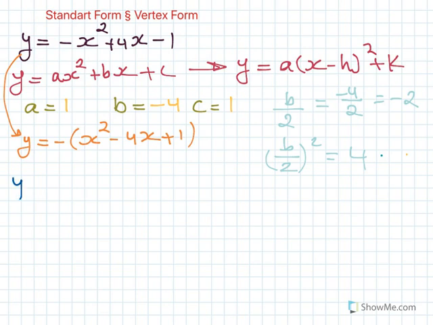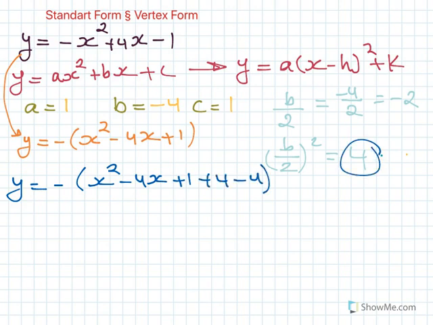So it's going to be y equals negative, x squared minus 4x plus 1, and then I'm going to add and subtract that value I got before. It's going to be +4 minus 4, and when you add +4 and -4 to the equation, you actually didn't make any changes, just like adding or subtracting a 0, right?